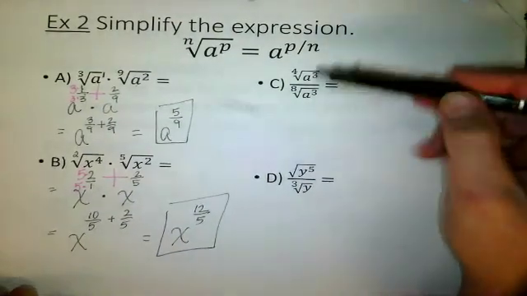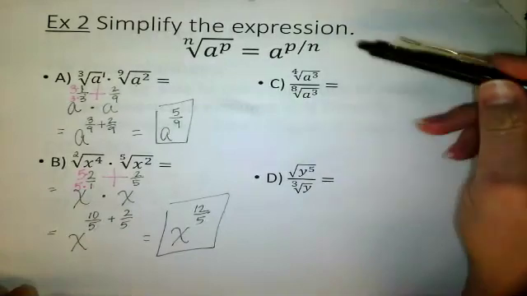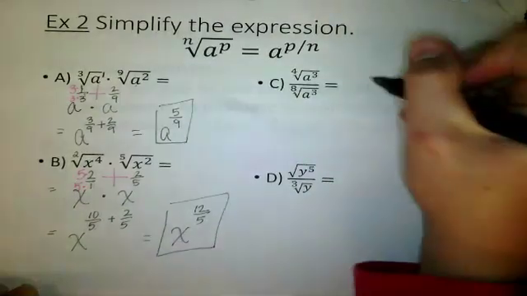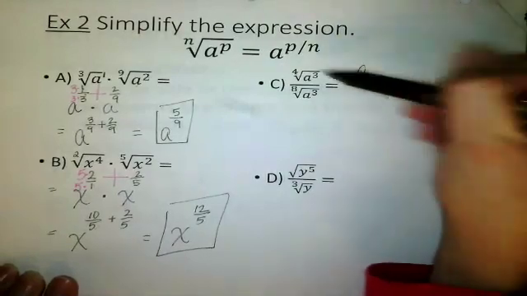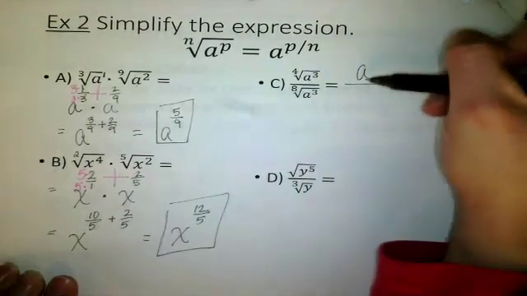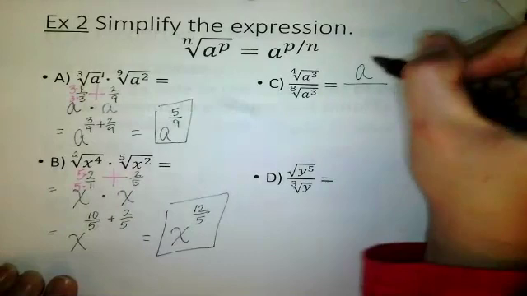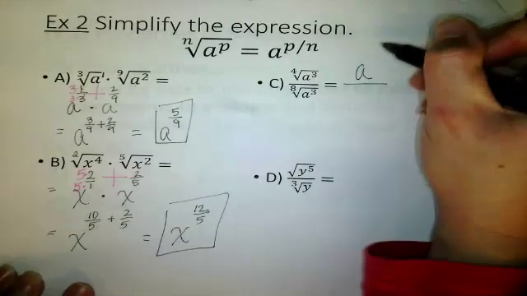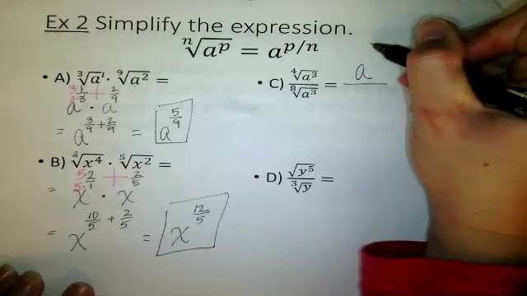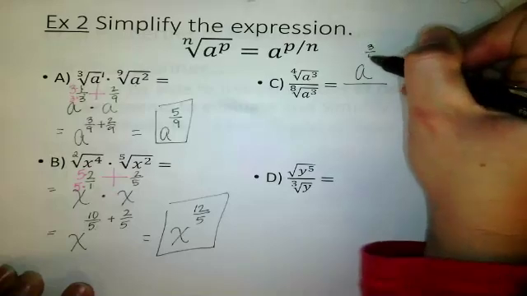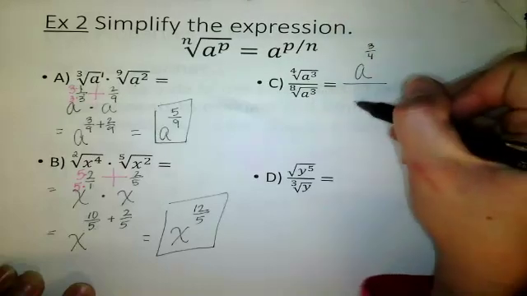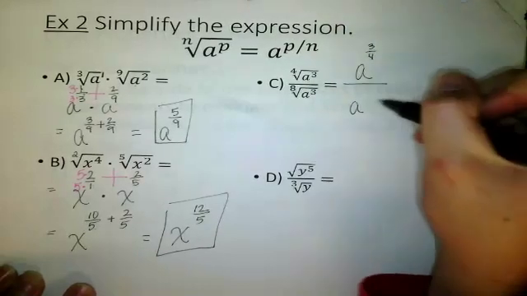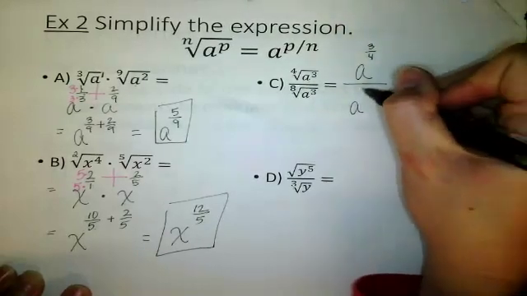Are we adding or subtracting exponents here? Subtracting exponents, sure. So again, let's just change the form. The 4th root of a cubed can be rewritten as a to what power? A to the 3/4. And then the 8th root of a cubed is really a to what power? 3/8.